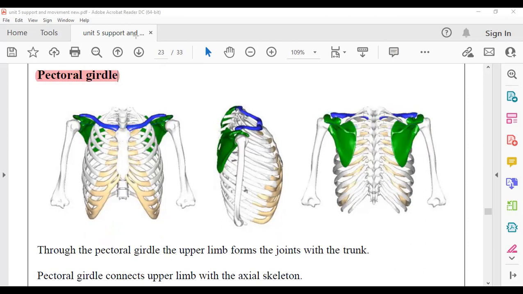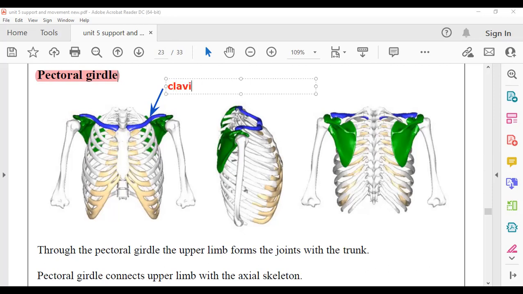In making the pectoral girdle, four bones take part. Here, the blue color bone, I already told you this.